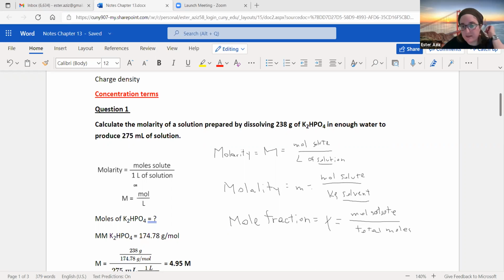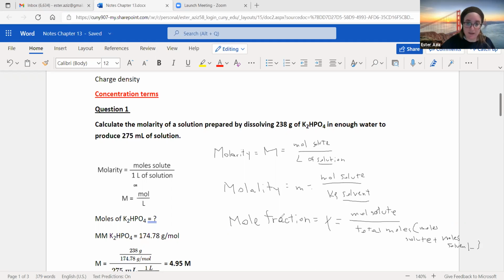So total moles in the denominator is moles of solute plus moles of solvent.